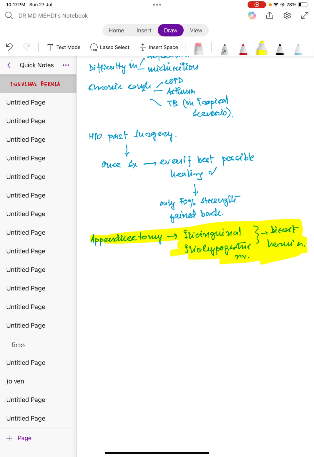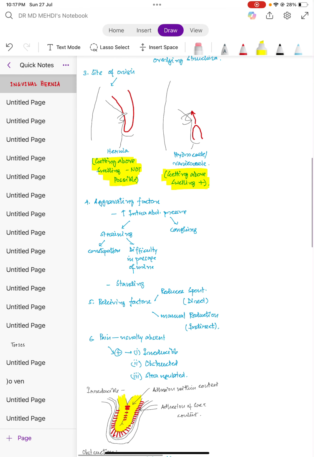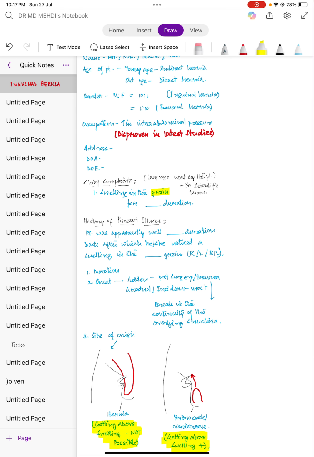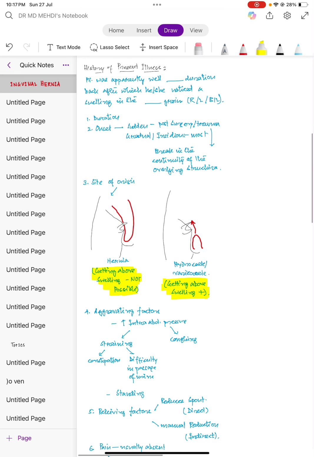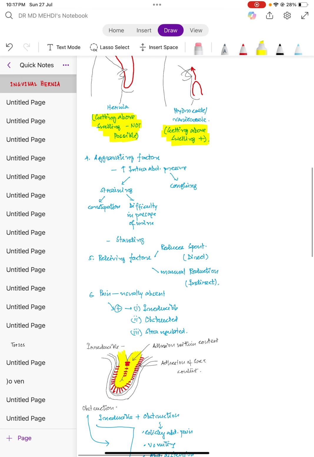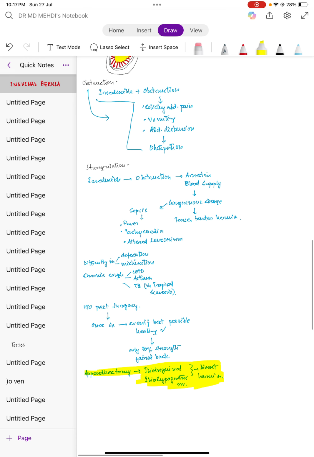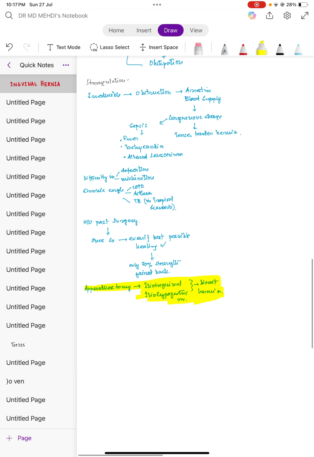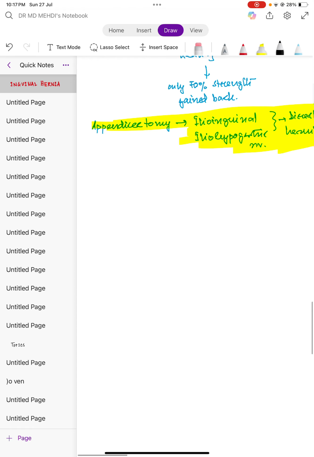So after the history of presenting illness, what does it have? Let's recapitulate. Duration, onset, site of origin, aggravating factors, relieving factors, whether pain is present or not, and whether any past history has been there or not. After that we go to past history. Regarding the history of surgery, that can be put in past history also.